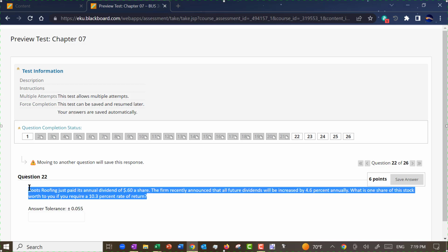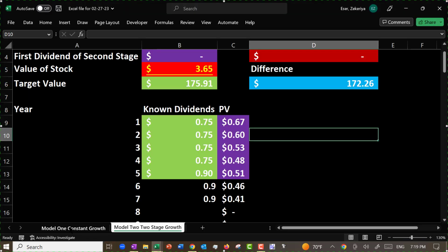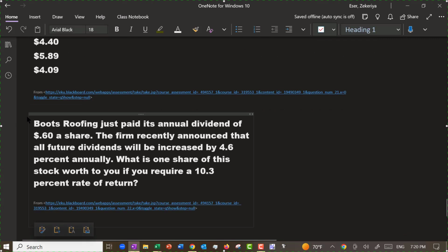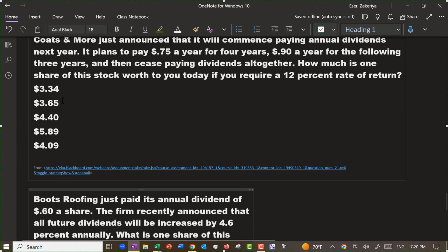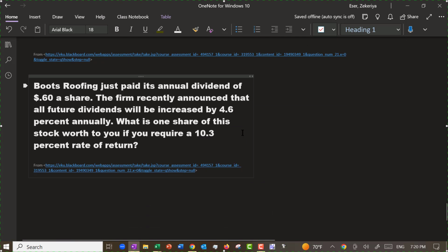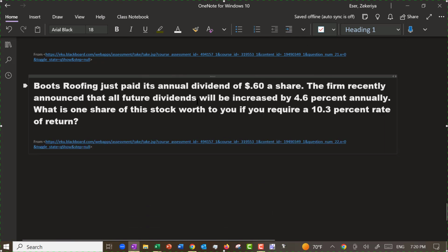Let me mark this anyway. Okay, just paid 60 cents. All future dividends will be increased by 4.6%.